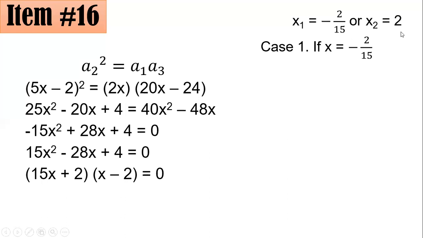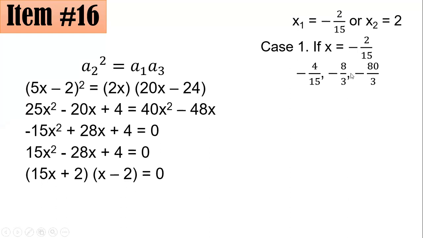So there are two values of x. But we have to check if each of these will satisfy the original equation or the condition to have a geometric sequence. So case 1, if x is negative 2/15, upon substitution, the first term will be negative 4/15.